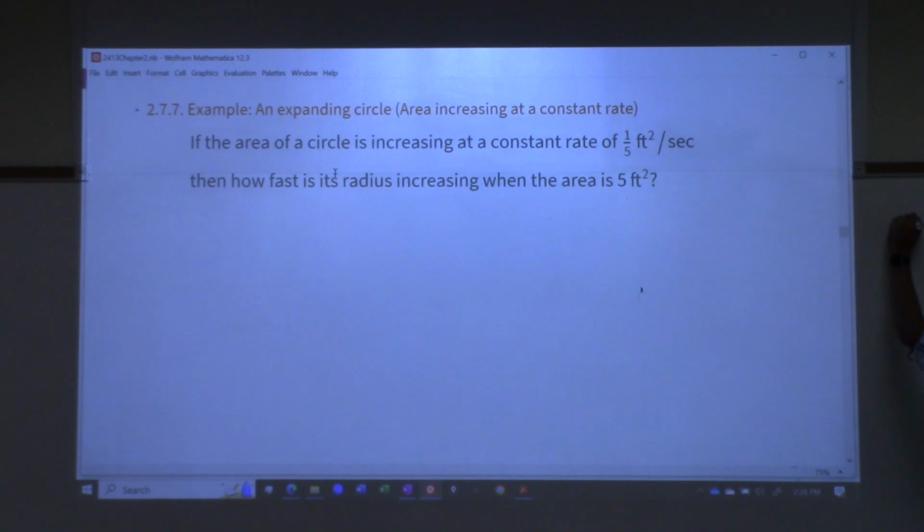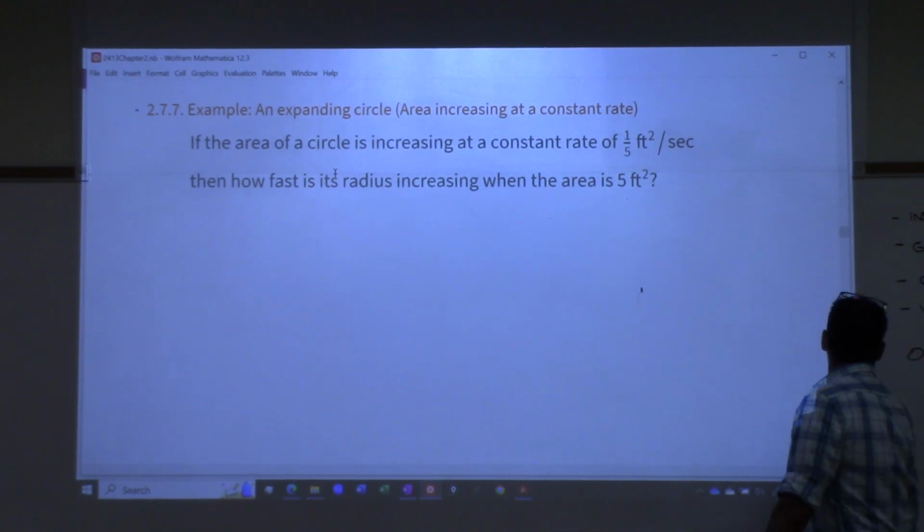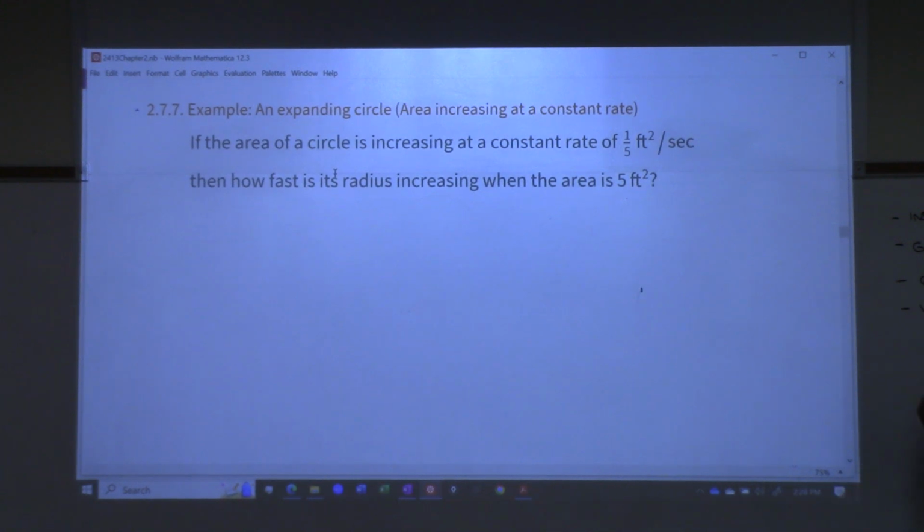You want an instant picture. You want a general picture where things are in motion. You want to write down what you are given, what you want. Then you want some equation.